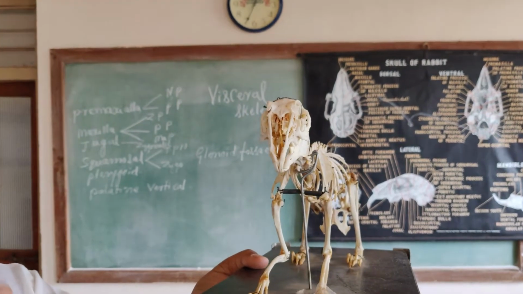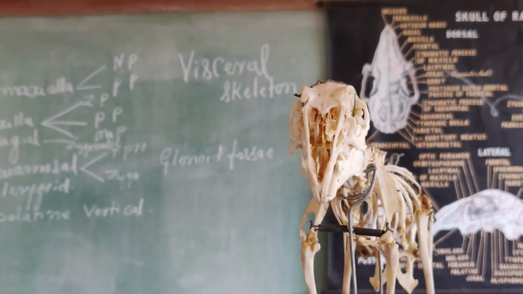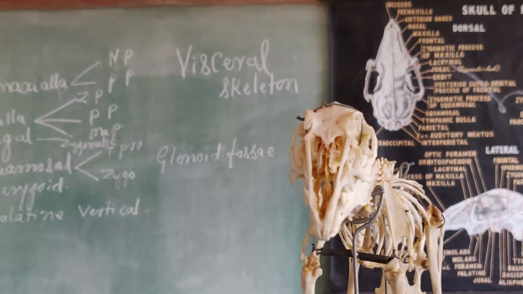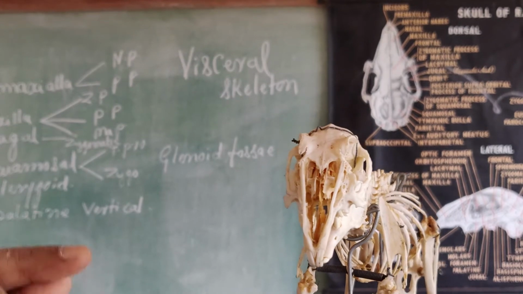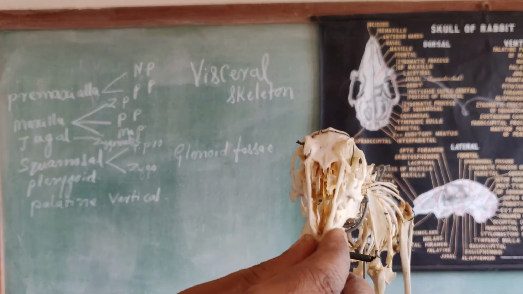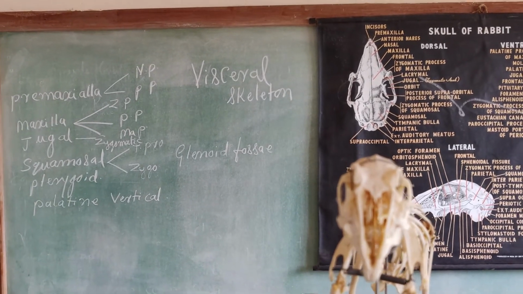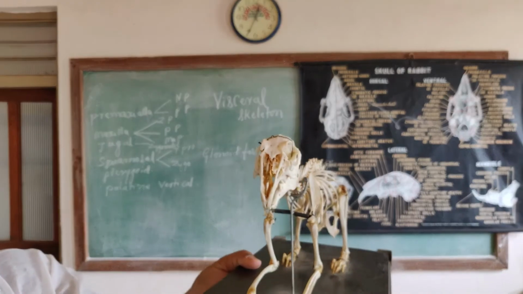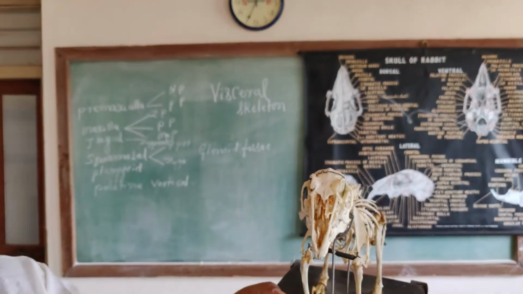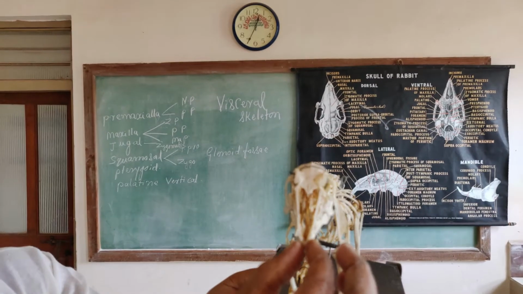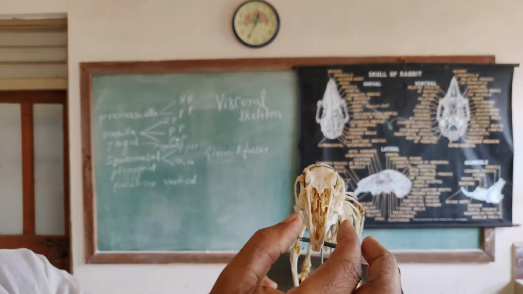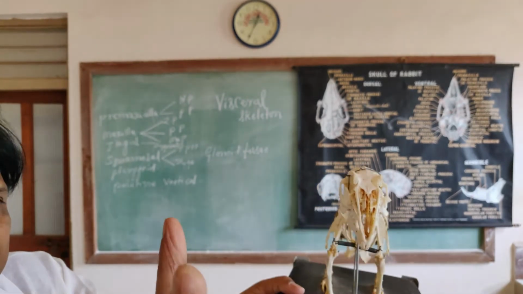That means the premaxilla is made of two bones, the right side and the left side. The two premaxillae are united at the anterior end to form the anterior limit of the snout. At the anterior side both are united together, while the posterior sides are diverged.